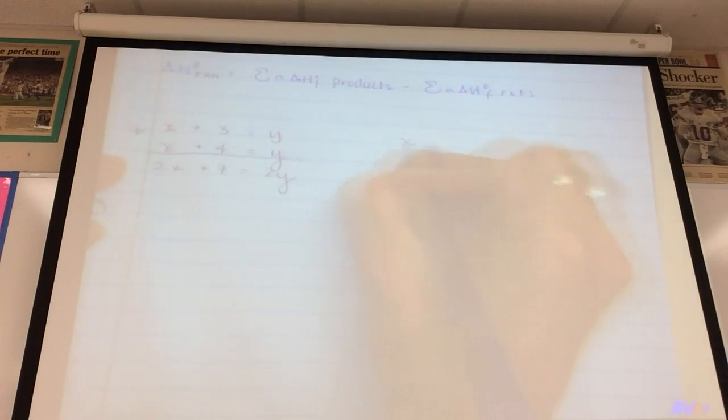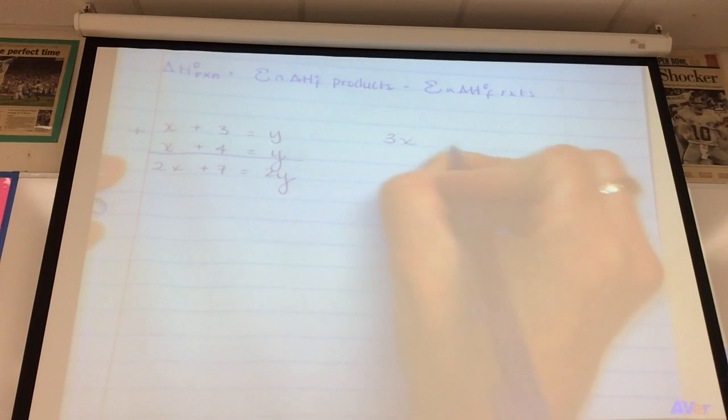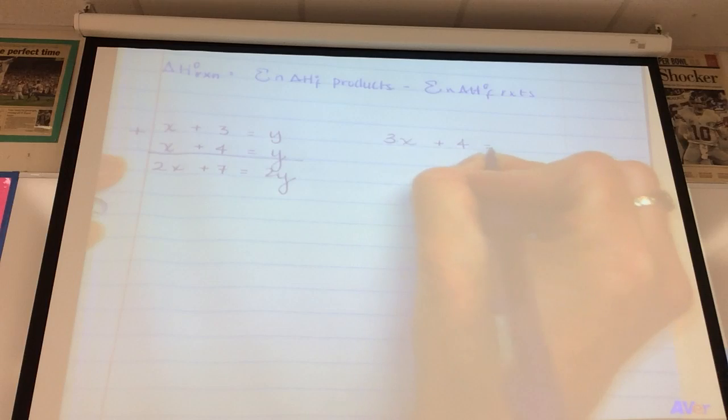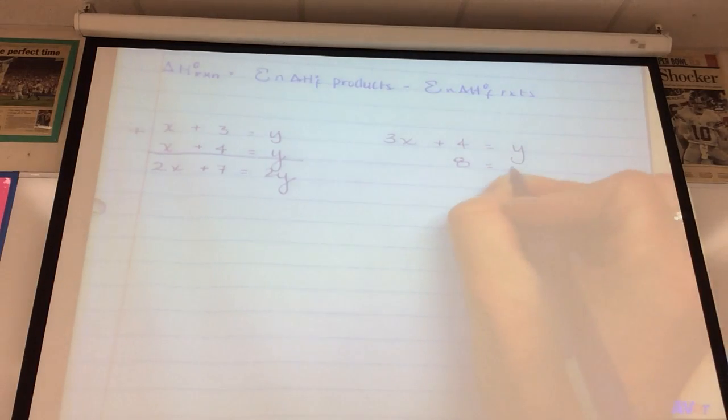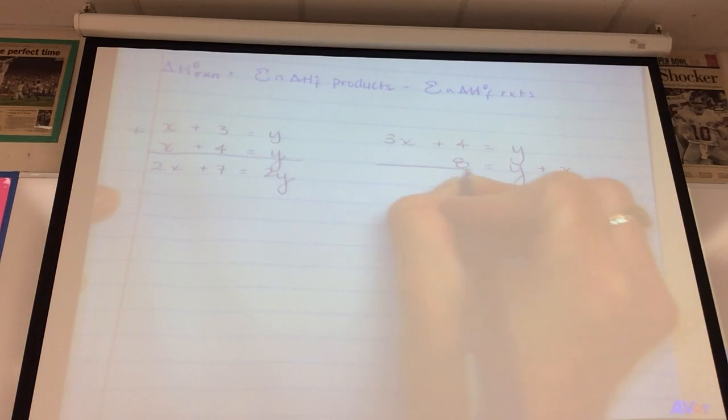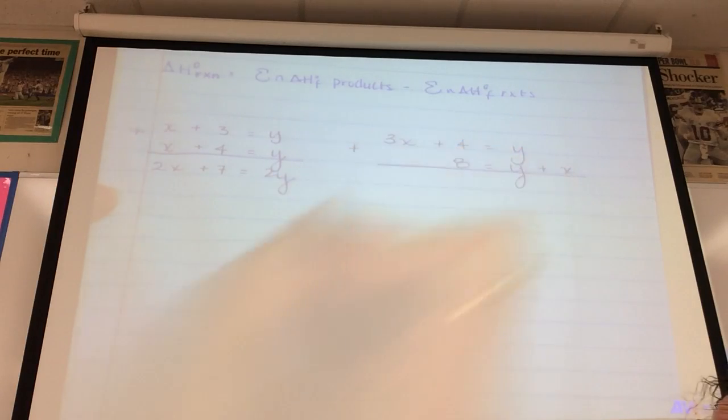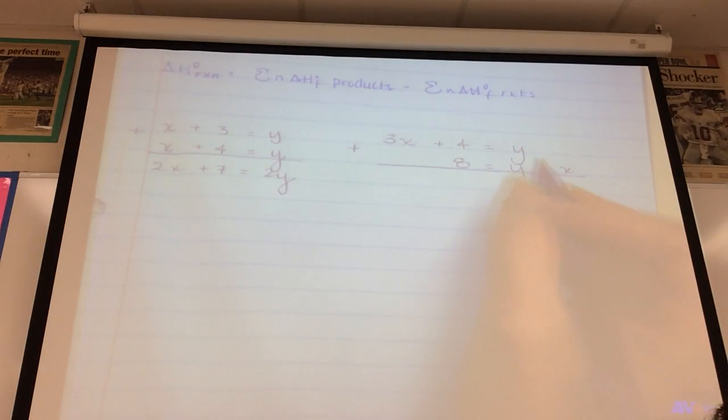Alternatively, if I had, let's make this 3x plus 4 equals y, and 8 is equal to y plus x. If I wanted to sum these two equations, I've got two of the same on the same side, so that's 1y plus 1y is 2y. 4 plus 8 is 12.